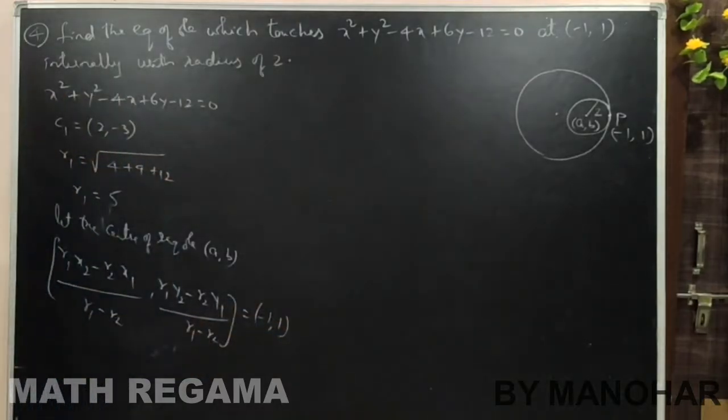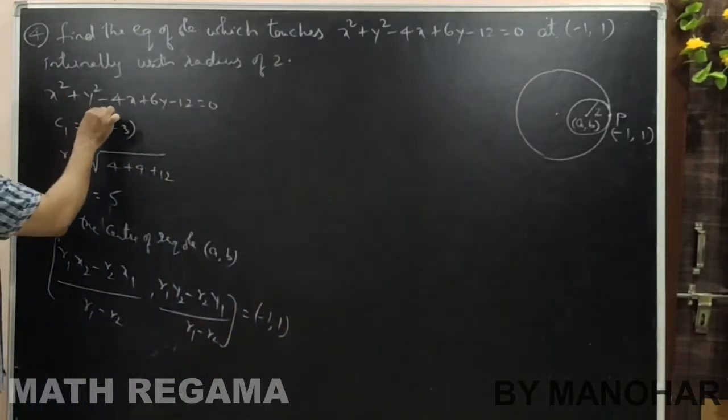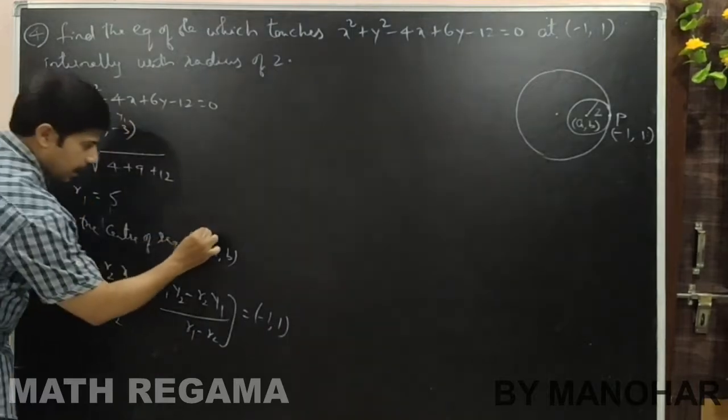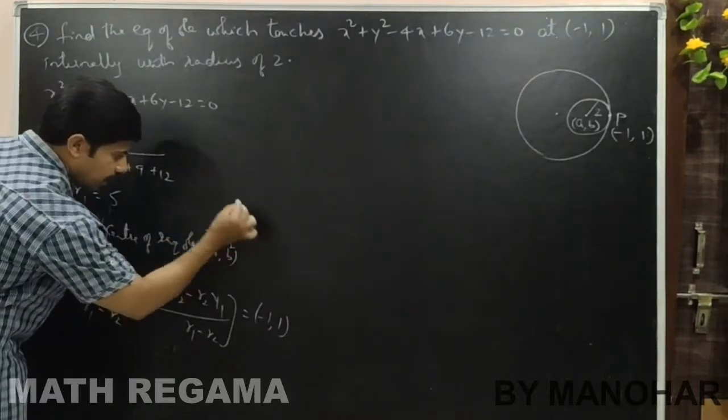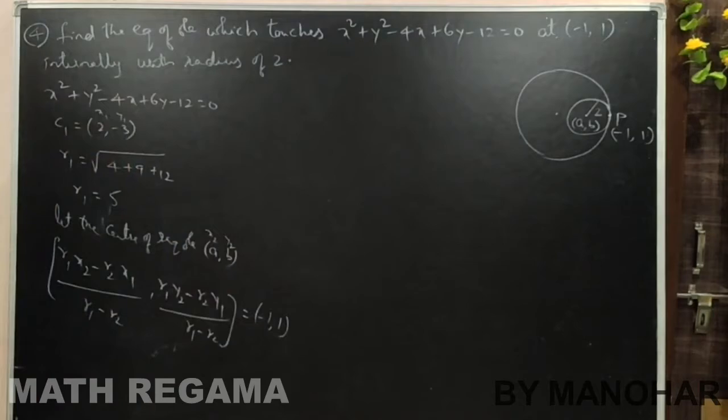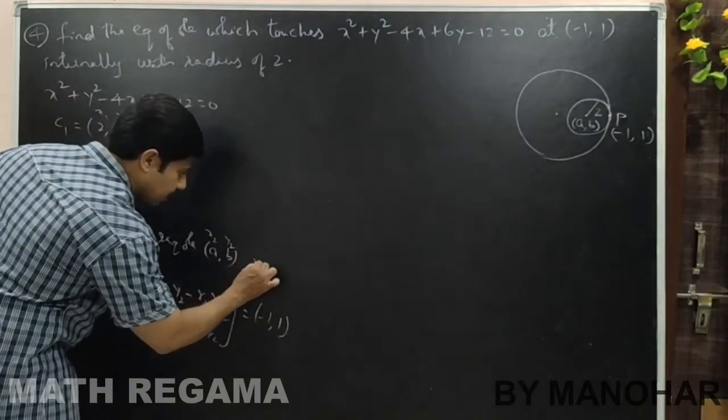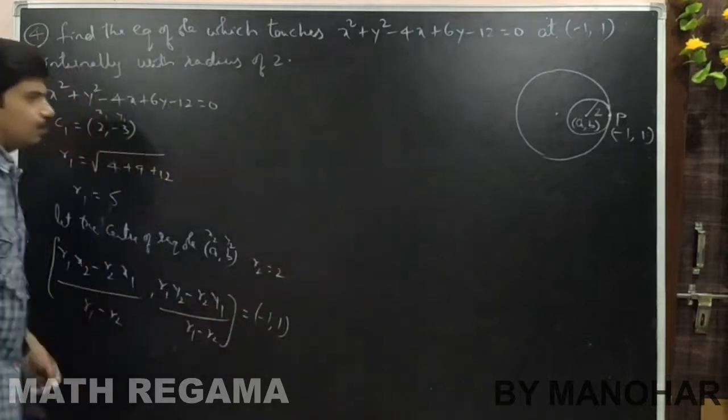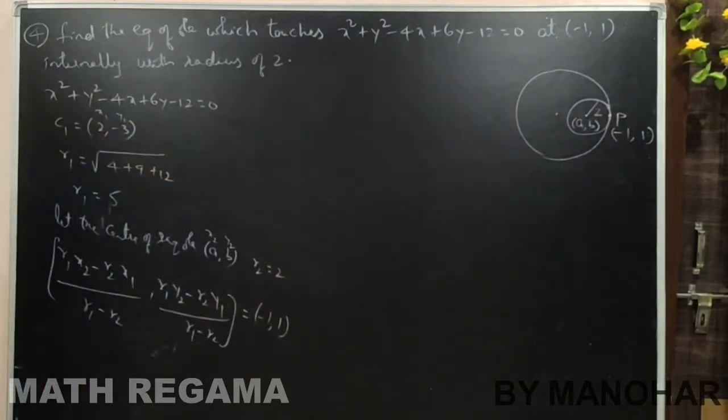Here (x1, y1) is (2, -3), (x2, y2) is (a, b), R1 is 5, and R2 is nothing but 2. Now I'll substitute and find the center.